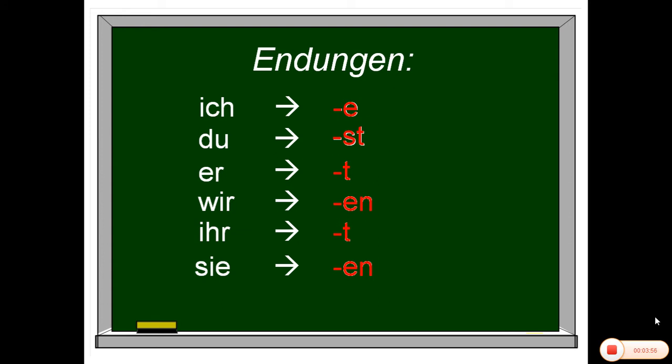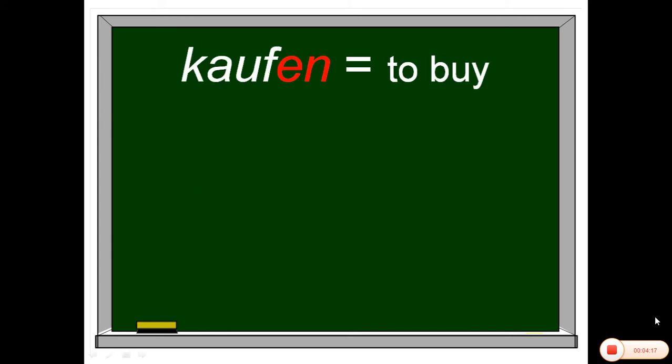There will be a change in the root of the word, but the endings will remain: ich E, du ST, sie T, wir EN, ihr T, Sie with capital S, and sie with small s, that is you formal and they plural, EN. Okay, so these are going to be the endings.